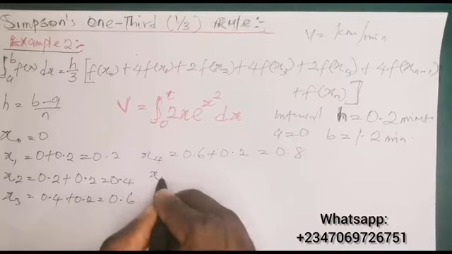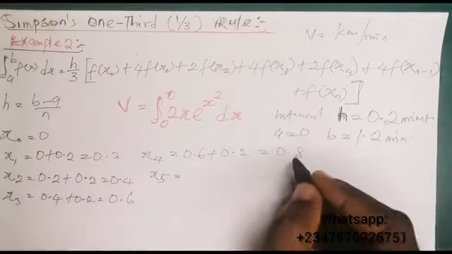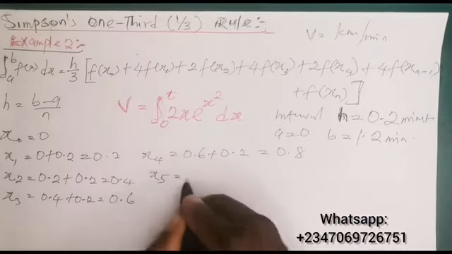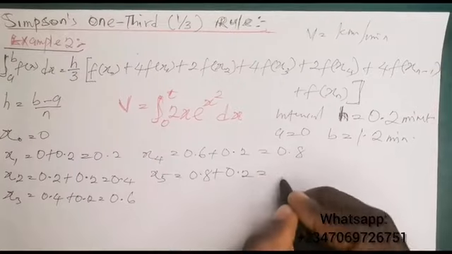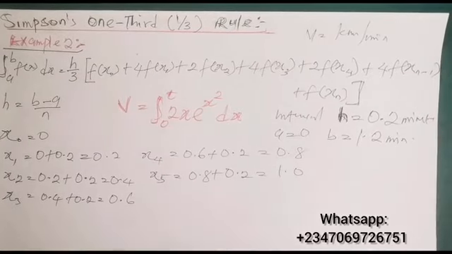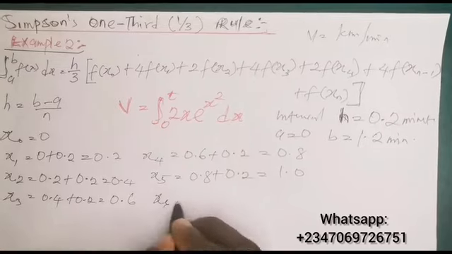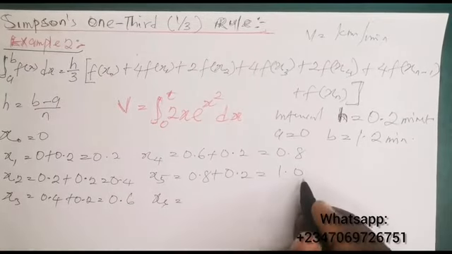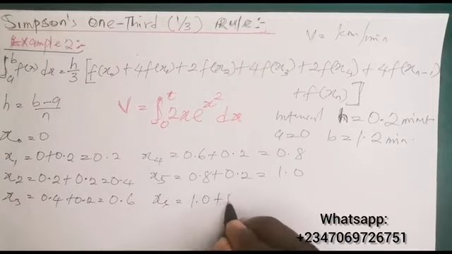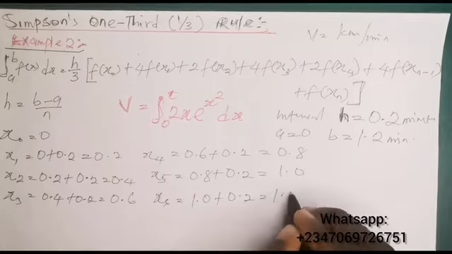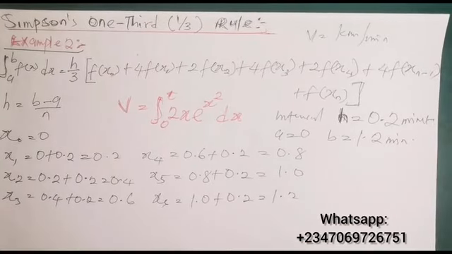Next we find x5. x5 becomes x4 plus the interval. x4 is 0.8 plus interval 0.2. This simply gives us 1.0. Finally, we find x6. x6 becomes x5 plus interval, and x5 is 1.0 plus interval 0.2. This gives us 1.2. So we end it here.